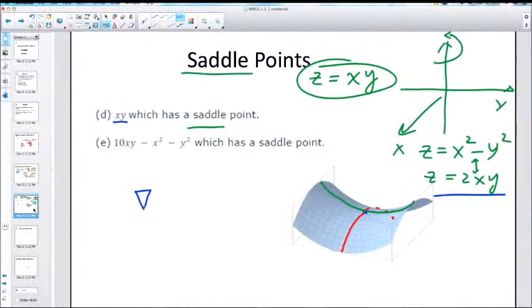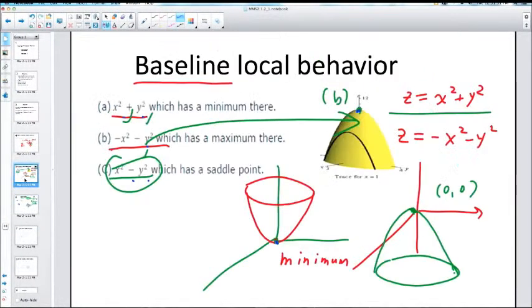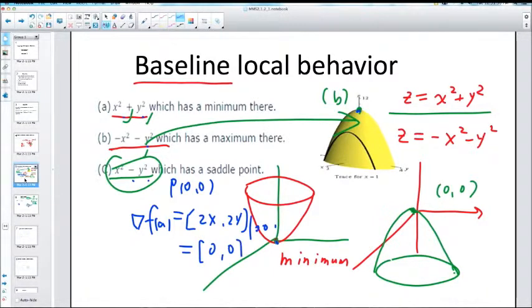Well, what they have in common is if you look at the three gradients, let me call it F1, the gradient here for the A at 0, 0 at the origin, it's going to be 2x, 2y, put 0, 0, you know it's going to be 0, 0.